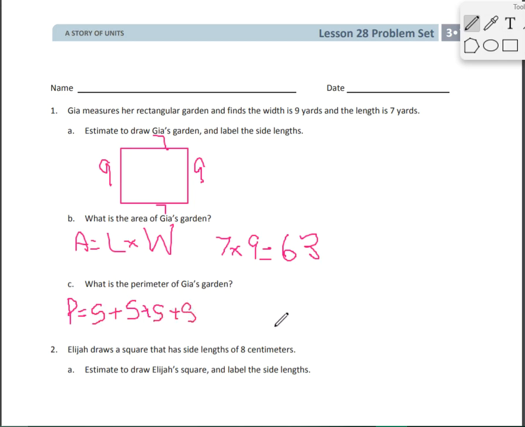And then I'm going to show our work off to the side. So we have 9 plus 7 plus 9 plus 7. I'm going to take my parentheses and group these guys so that the problem becomes easier, because I know 9 and 7 is 16. So now I have 16 plus 16. And 16 plus 16 is 32.